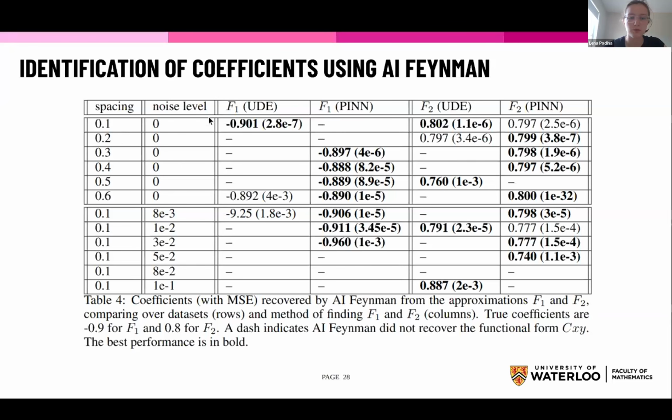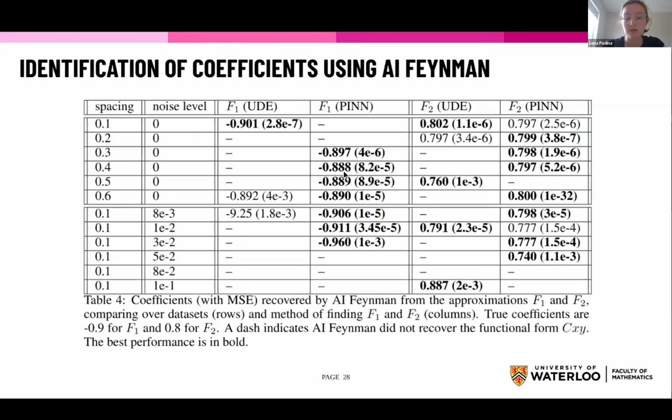The way that the rows work here is each row is a separate data set, so a separate test. So we have increasing levels of spacing with no noise, and we also have increasing levels of noise with spacing kept constant. F1 is the first term that we're approximating, and F2 is the second term, and we approximate those two together. And then of course we have UDEs and PINNs.